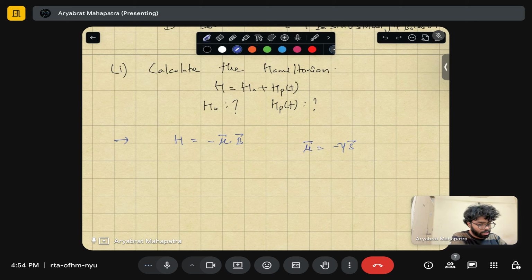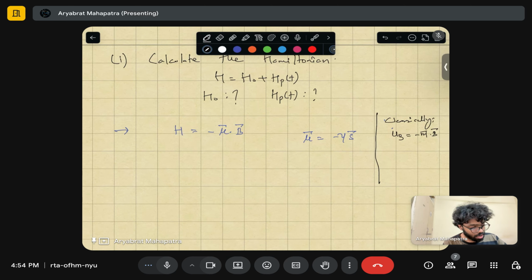Like this is true classically. Magnetic field energy is given as minus m dot B. This is the magnetic field energy associated with the charged particle, and then your magnetic moment m is given as q over 2m times L, where L is angular momentum.